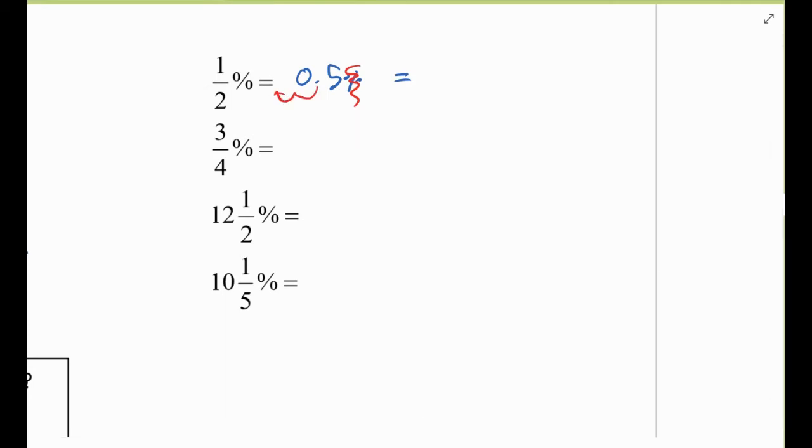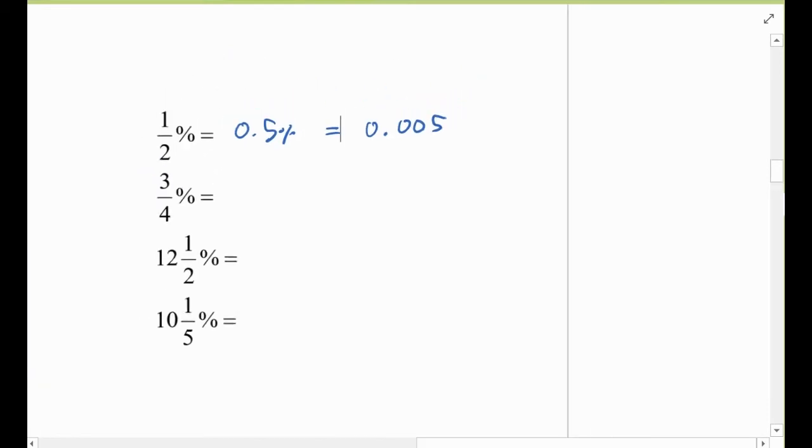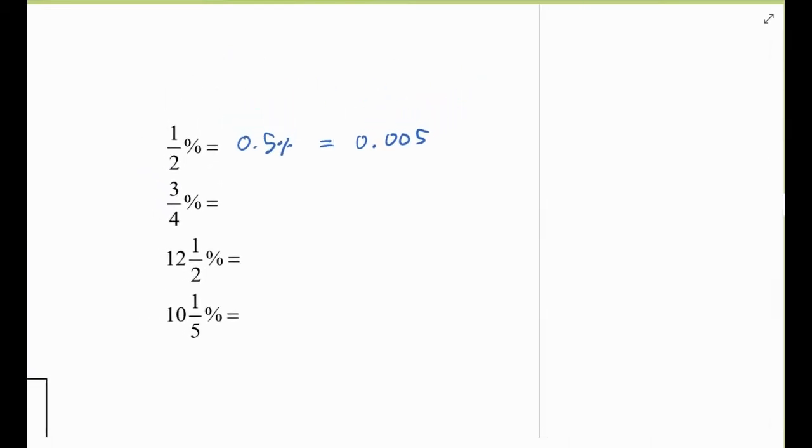Then that's 0.005. When you have a fractional percent, there should be 2 steps. Remember, you have to do 2 steps. First, you change this number to a decimal percent, and then you change the percent to a decimal. Make sense?